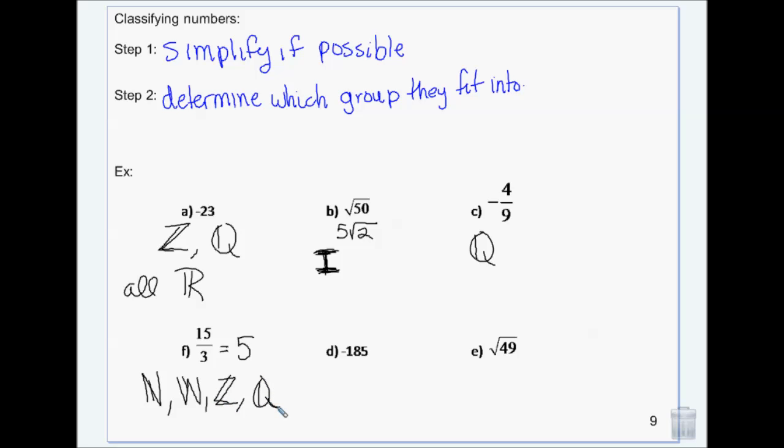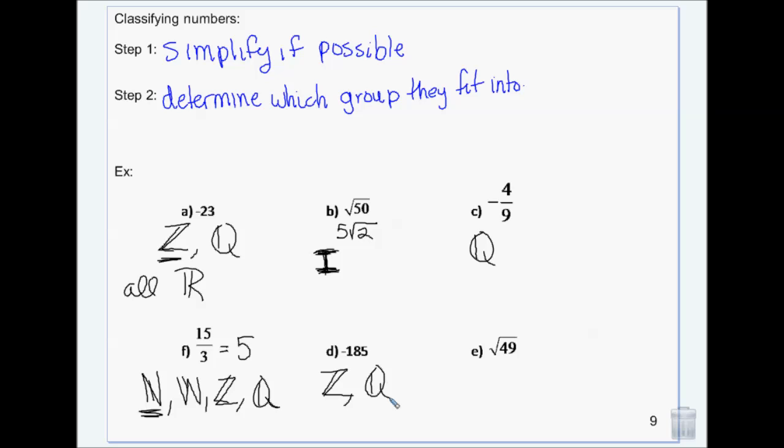Whoa. So it's all of them. On your homework, I'd want you to put natural, because natural is the smallest category it fits in. Does that make sense? So on your homework for this one, I'd say to put integer. For this one, put natural. Negative 185, it's negative. So it's an integer, and it's rational.